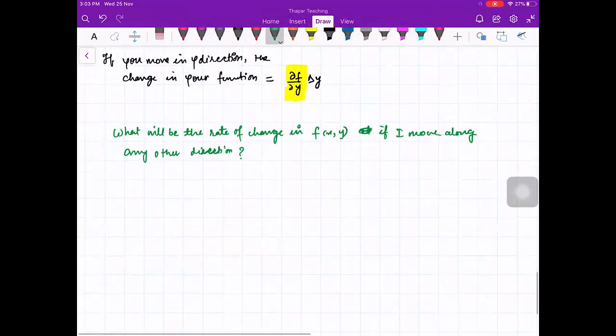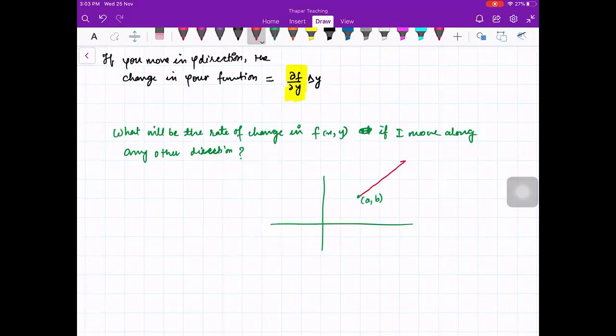Okay, so the problem is this: there is a point (a, b). I am moving along a direction which is denoted by a unit vector, say u cap.